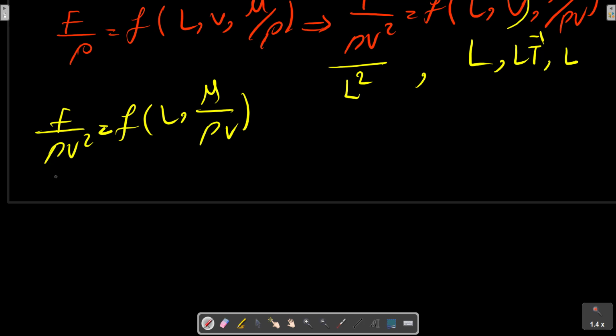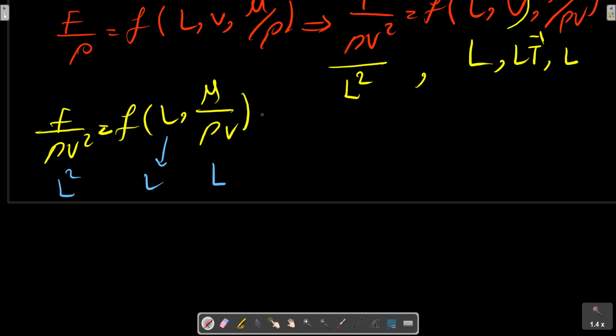We have the dimensions L^2, L, and here also we have L. The dimension is also L. By dividing, L by itself is no longer relevant, and so is discarded.